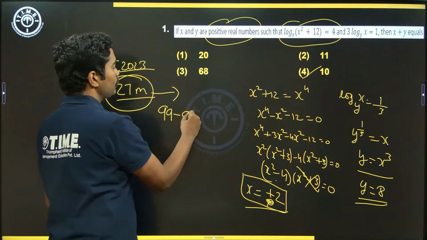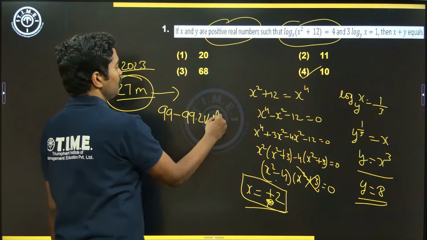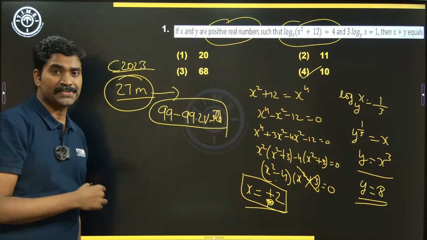About 99 to 99.2 percentile with a raw score of 27 marks.